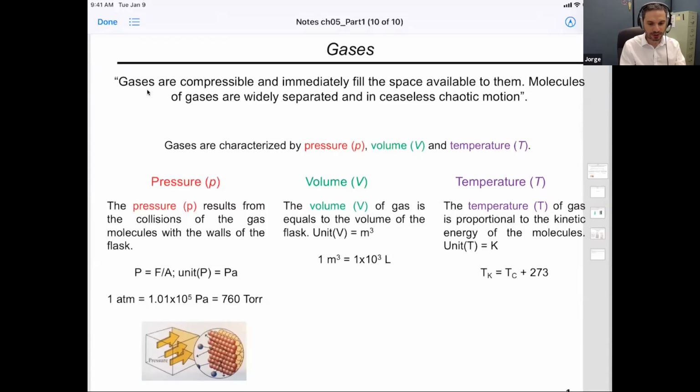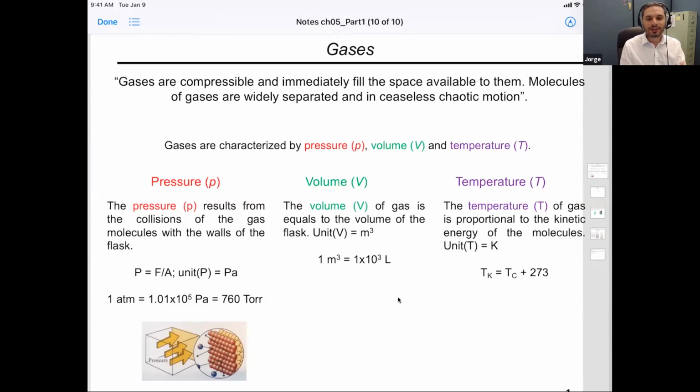In other words, gases fill up the space of the flask, therefore they don't have their own volume, and the molecules are moving in a random motion, and the movement is chaotic. So no order in the movement.